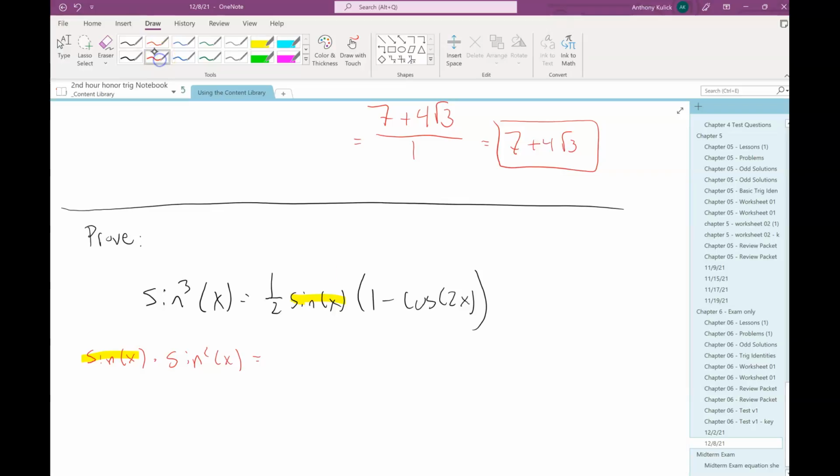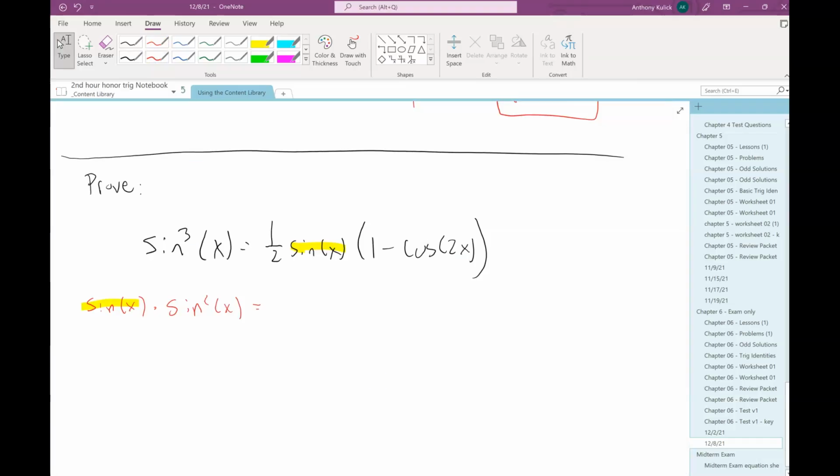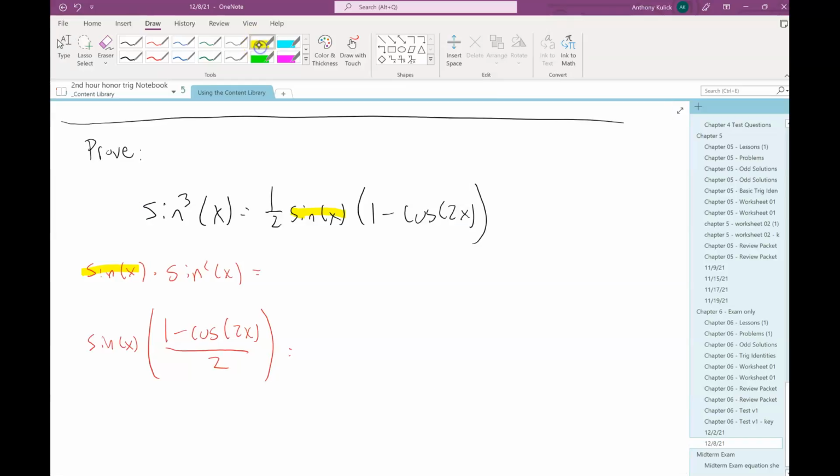With the sine squared, I can now apply my power reducing identity. Everybody's okay there? And boy, look at that. You see the divide by 2 here?